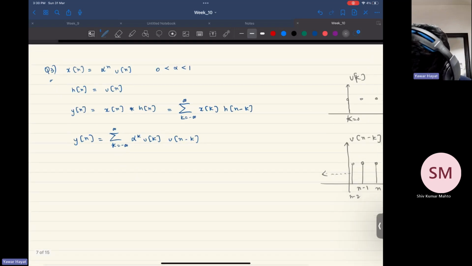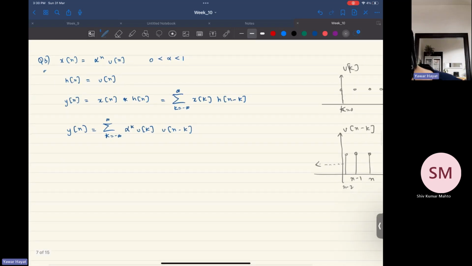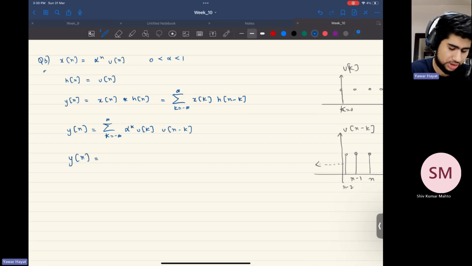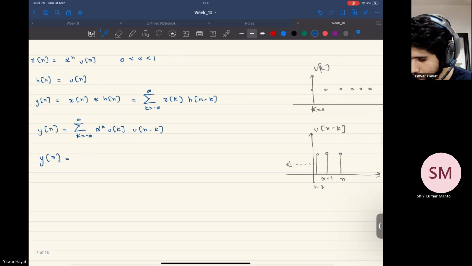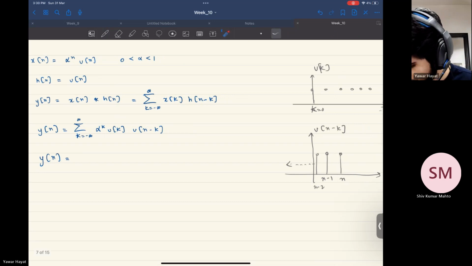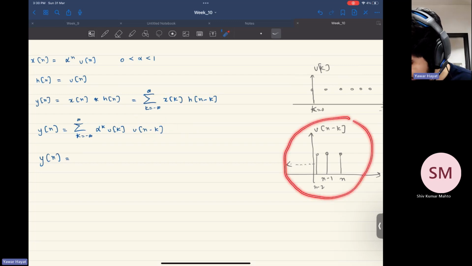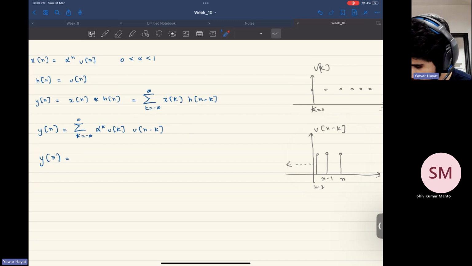So given that you know this now, what should be the limits of this summation? U of k is this. U of n minus k is this. So this signal will not extend all the way to minus infinity, since u of k starts from k equal to 0.